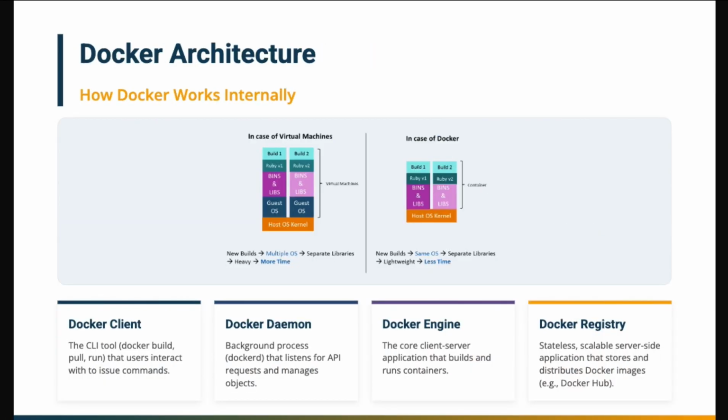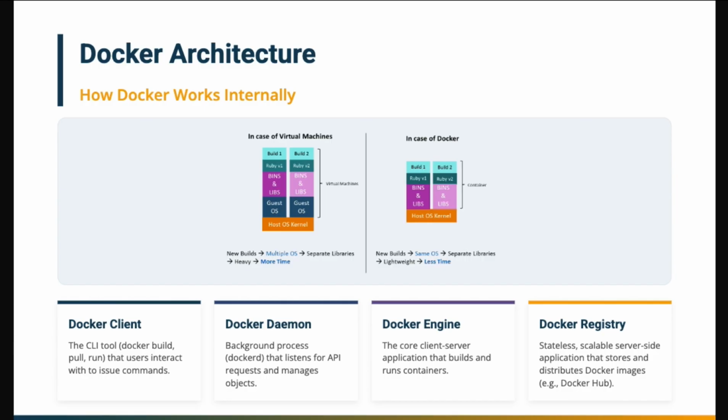Now that we understand why Docker is better than virtual machines for many use cases, let's look at how Docker actually works under the hood. Docker isn't a single piece of software, it's a client-server architecture that manages the entire container lifecycle. The core components are the client, the daemon, and the registry. The Docker client is simply the command line tool you use every day, like when you type docker run.